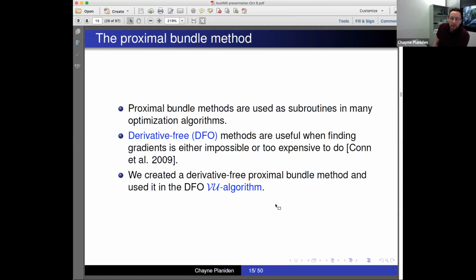In particular, we are interested in the derivative-free VU algorithm. This was mentioned already by Claudia, who is one of the creators of the method. It's a way of taking advantage of the structure behind the function to speed up this minimization process. What we wanted to do last year was to make it derivative free. We have accomplished that now, and I won't spend too much time on that because that's last year's news.